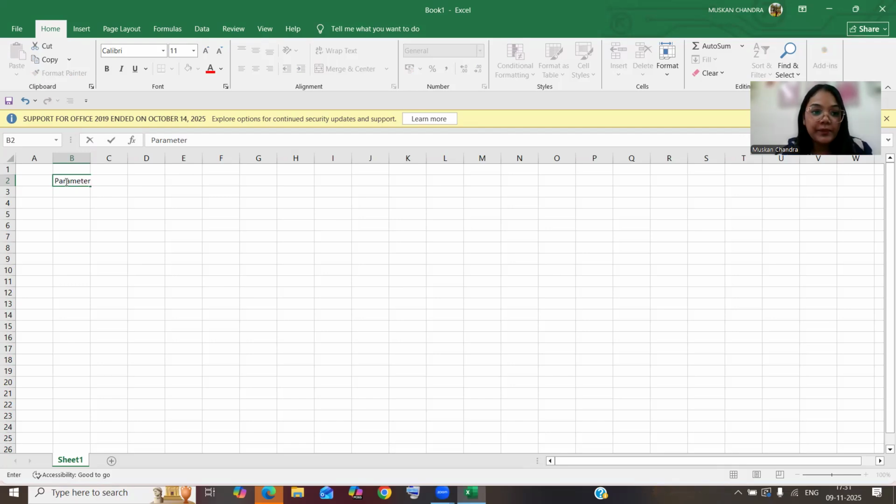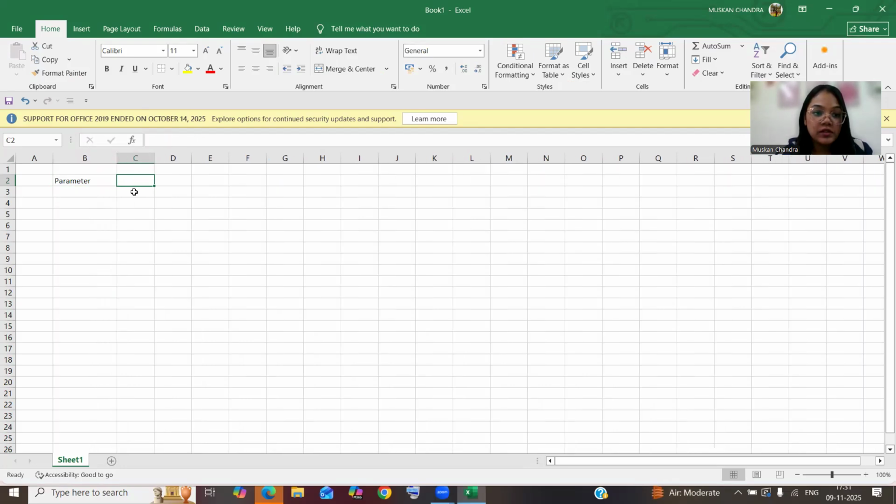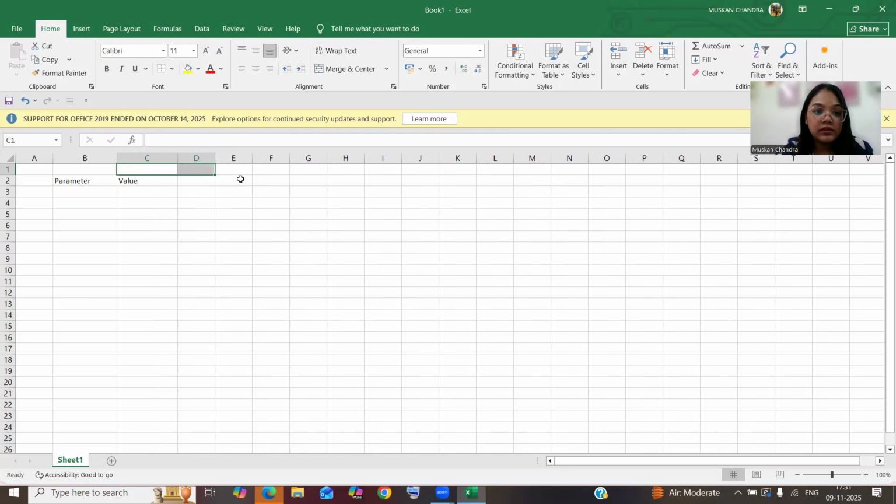Starting with the parameter, then we have the value that we are going to put.